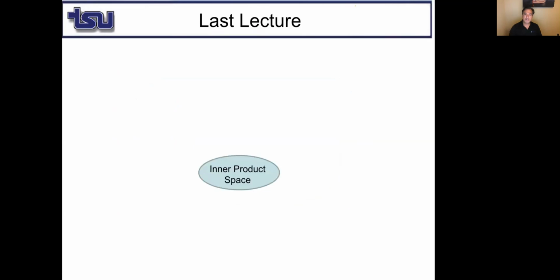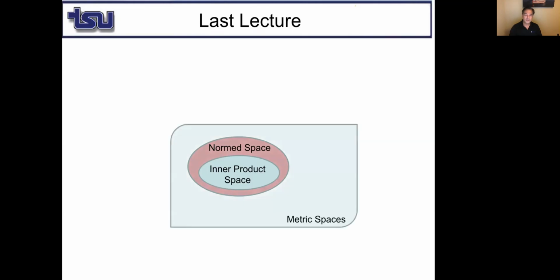Second picture, we said that we have an inner product space, and from an inner product, we can always define a norm. Therefore, an inner product space is a normed vector space. And from a norm, we can always define a metric, a distance. Therefore, a normed vector space is also a metric space.